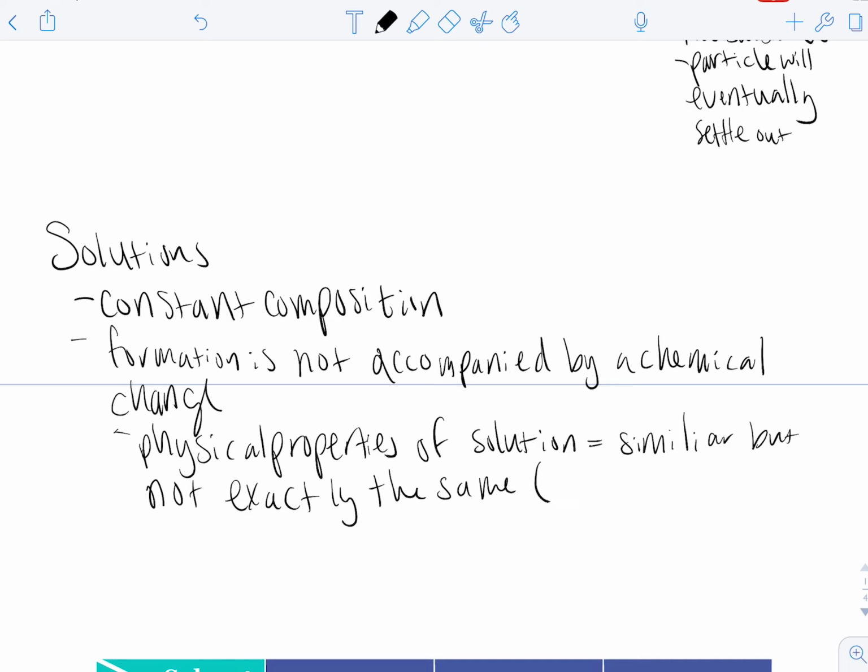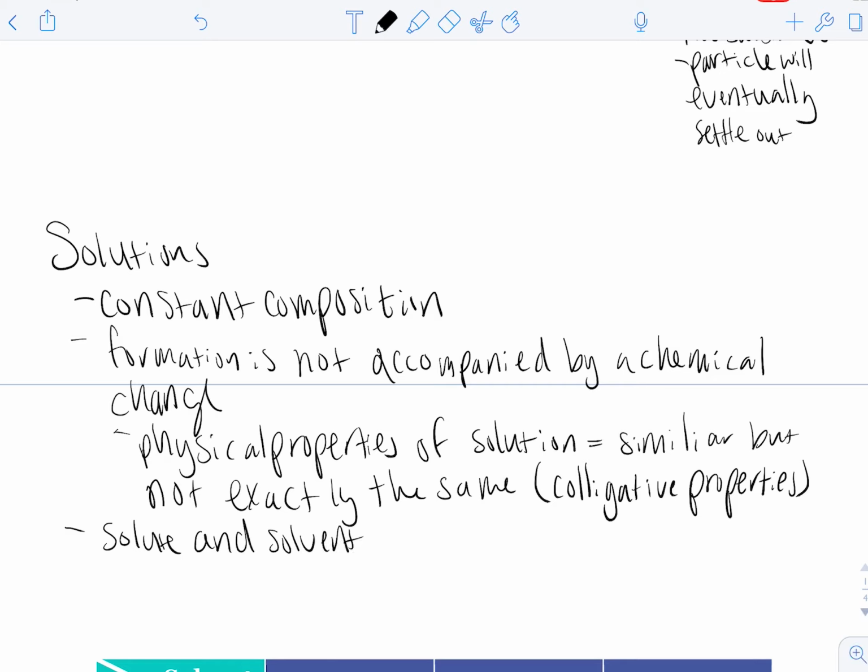And we'll talk about this in a little bit, what we call these colligative properties. When we talk about colligative properties, we'll get back to the change in the physical properties of our solution versus our solvent.